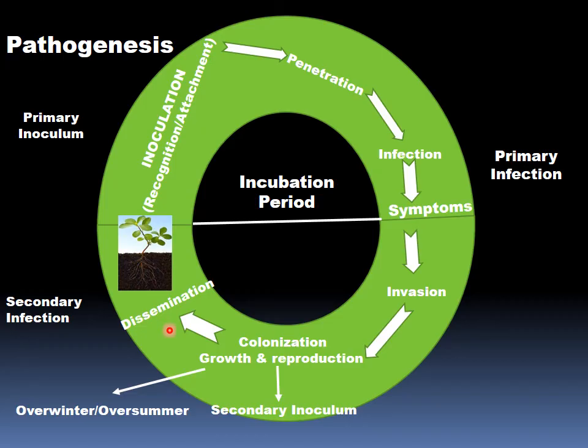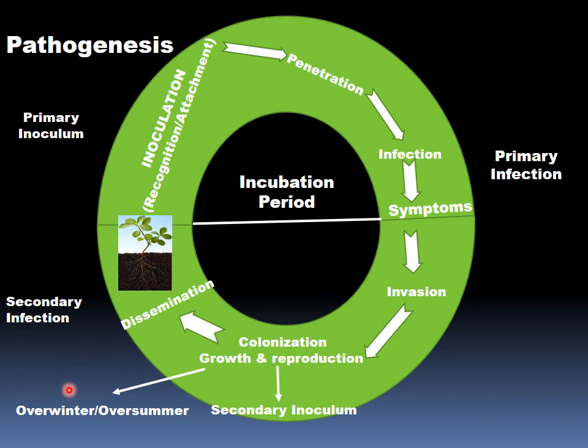The second important point is that in case of annual crops such as wheat or maize or barley or chickpea, which die after one growing season, if the pathogen wants to remain viable, it should go dormant when the crop is not present in the field.